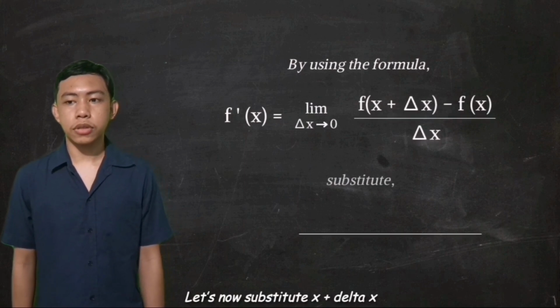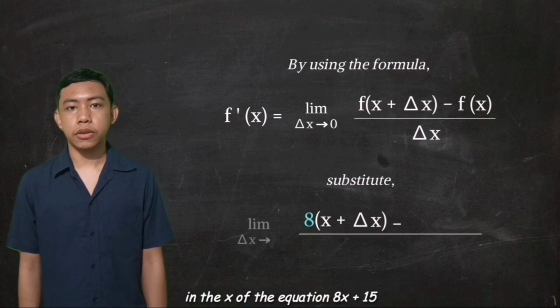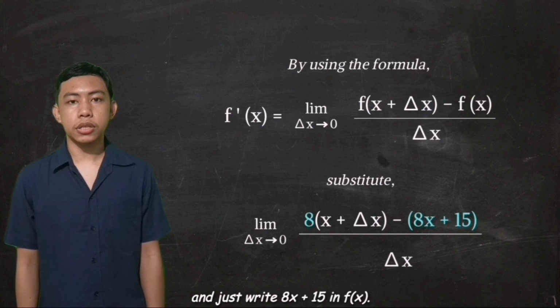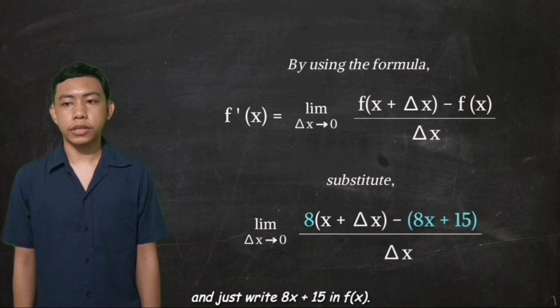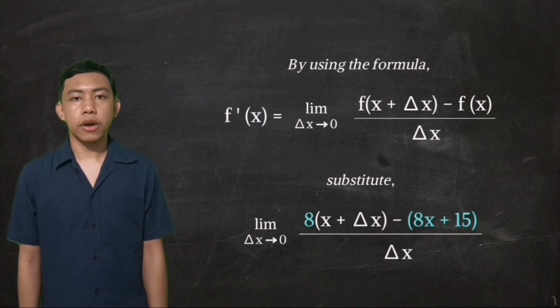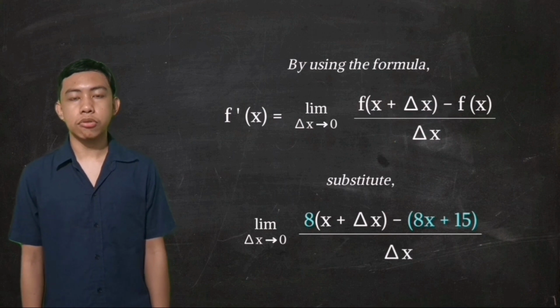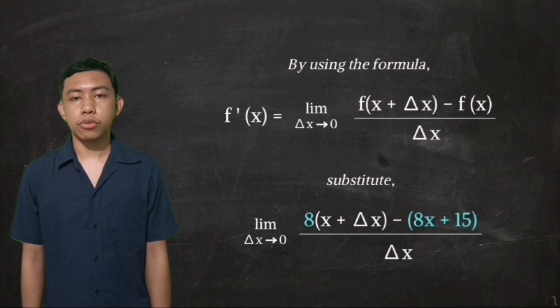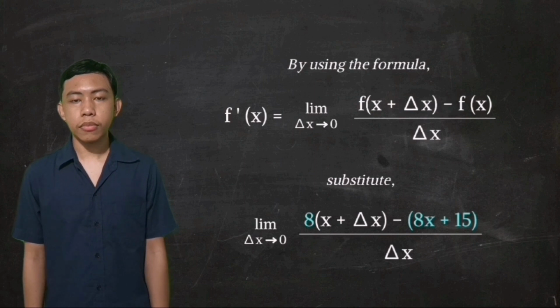Let's now substitute x plus delta x in the x of the equation 8x plus 15 and just write 8x plus 15 in f of x. We will have the limit of 8 times the quantity x plus delta x plus 15 minus the quantity 8x plus 15 all over delta x as delta x approaches 0.